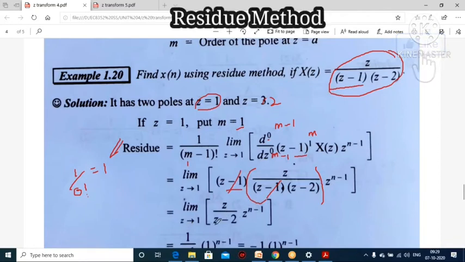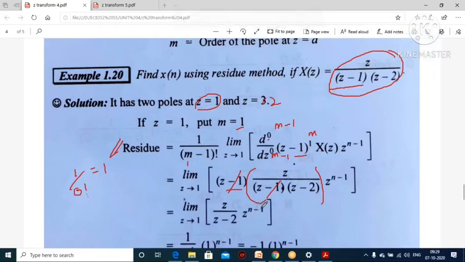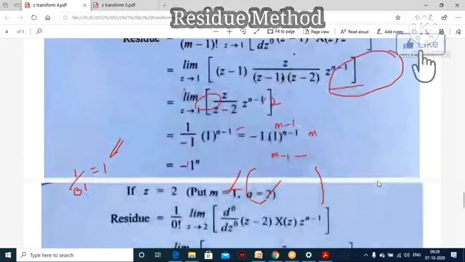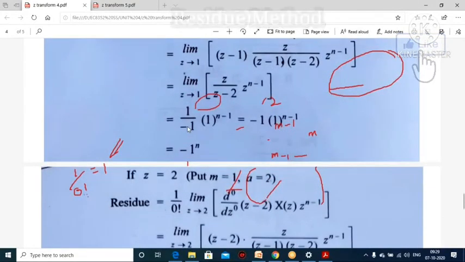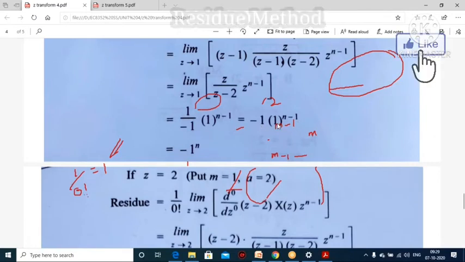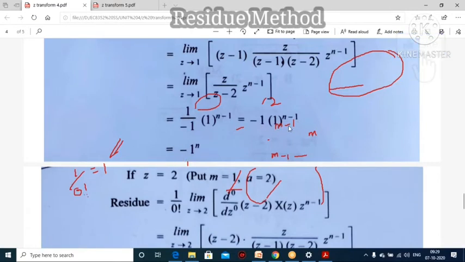So it becomes 1 by (1 minus 2) into 1 to the power n minus 1. Okay. So what do you get? 1 by minus 1, it's nothing but minus 1, into 1 to the power n minus 1. So it can be written as minus 1 into 1, so minus 1 to the power n. So this is your answer. Okay, minus 1 to the power n.